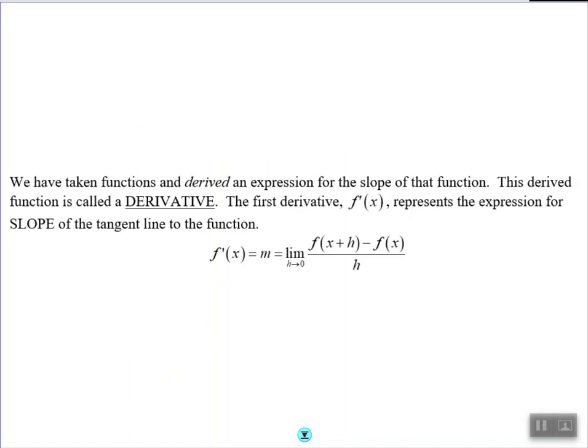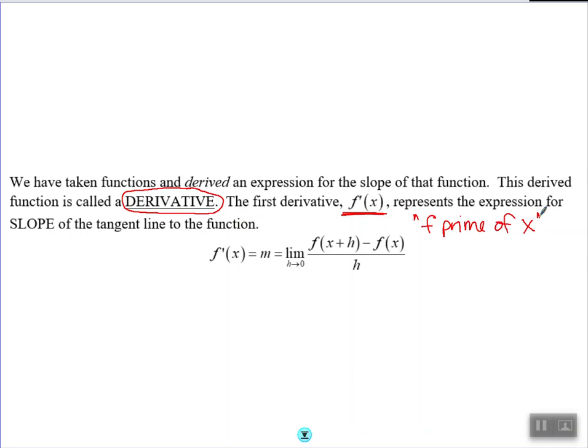Now, we have taken functions and derived an expression for the slope of that function. This derived function is called the derivative, which is a very important concept in calculus. The first derivative is represented by this notation here, f apostrophe x, which we read as f prime of x.